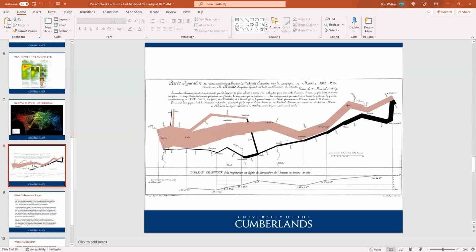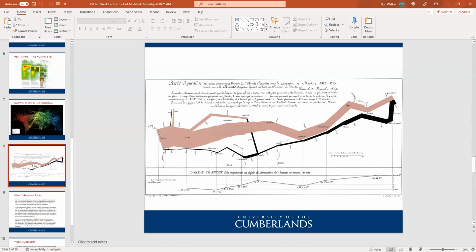And the black line, starting on the right side at Moscow, they spell it Moscou. That's where you can see the retreat of Le Grand Armée throughout that winter. And it gets smaller and smaller and smaller.